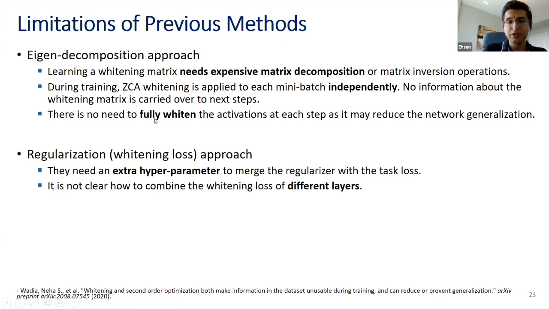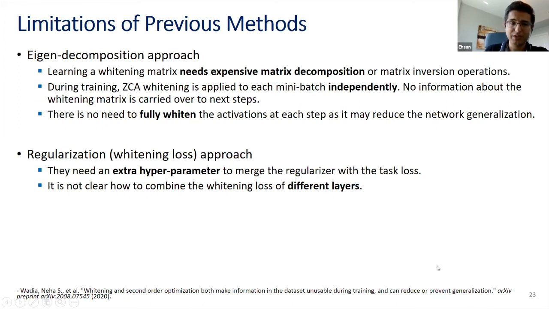And also there is no need to fully whiten the activations at each step, as it may reduce the network generalization. So the recent papers talk about the effect of whitening on generalization. The paper is called Whitening and Second Order Optimization. Both make information in the data set unusable during training, and can reduce or prevent generalization.